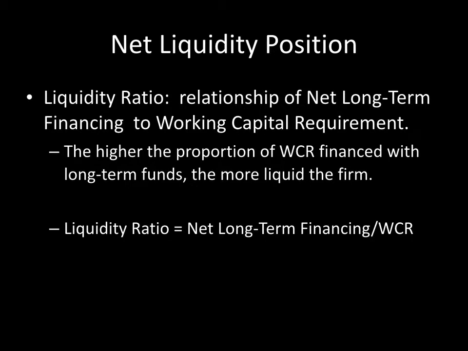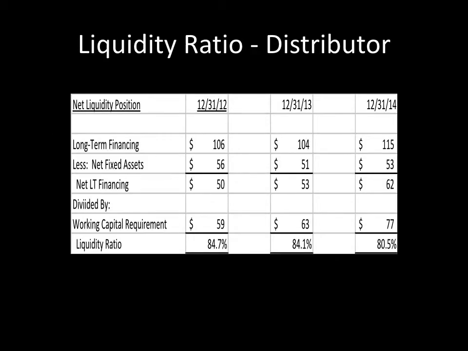To get to that ratio, we're going to calculate the liquidity ratio as net long-term financing, again, which will be equity plus long-term debt minus net fixed assets, divided by the working capital requirement. Using that distributor from the previous podcast, you can see that in 2012 they had long-term financing of $106,000, equity plus long-term debt.